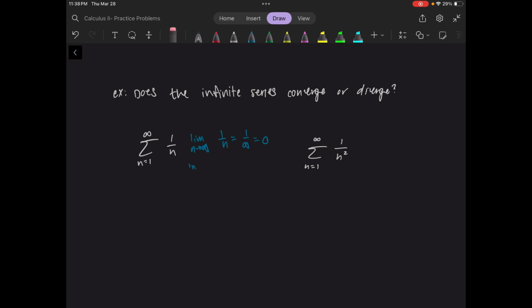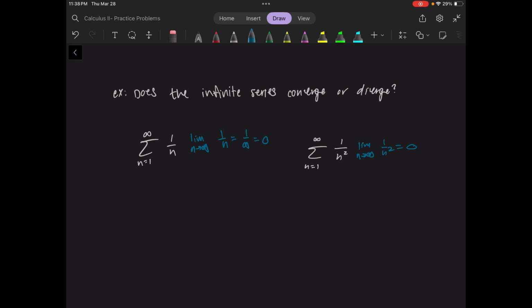Well, the test is inconclusive. So, how can we determine if this is convergent or divergent? Let's look at this one real quick. What is the limit as n approaches infinity of 1 over n squared? Once again, it's 0. So for both of these, the divergence test is inconclusive.